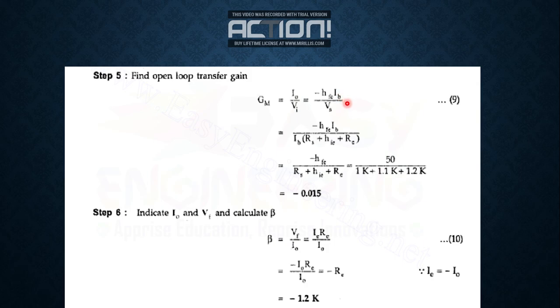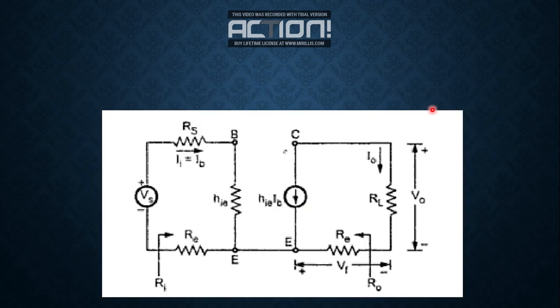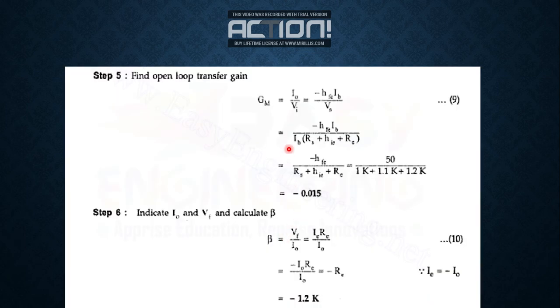How does it come? Because I naught is running in the opposite direction, so eventually minus will come. So output current by input current, that is minus I naught by IB, is equal to HFE. That is the current gain. This is what we have seen here, HFE into IB. So output current can be implemented as minus HFE into IB.